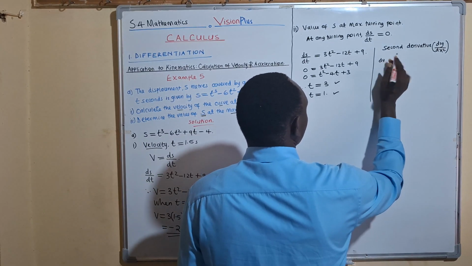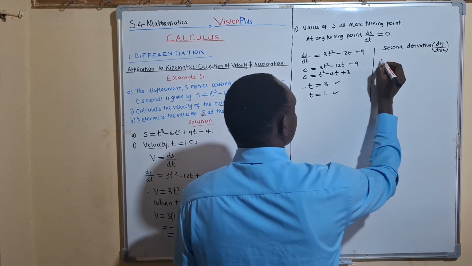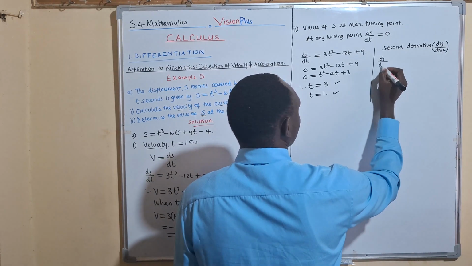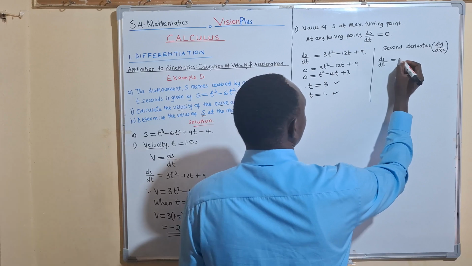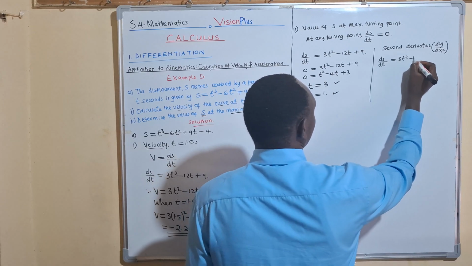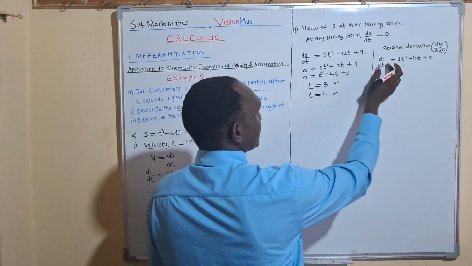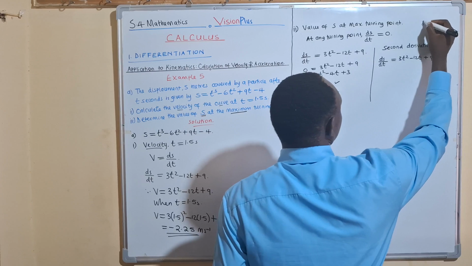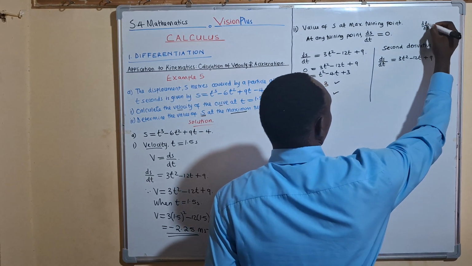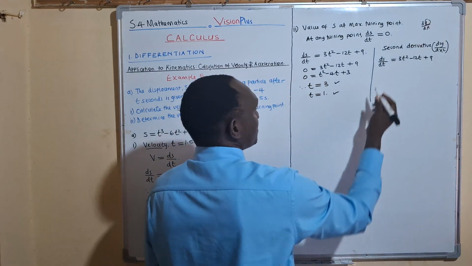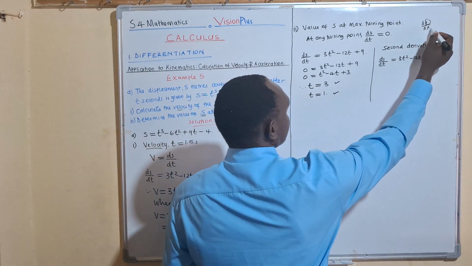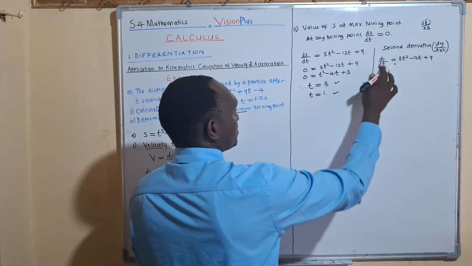The function is given by ds/dt equals 3t squared minus 12t plus 9. This is the same as dy/dx, where y is the function, which in this case is s, and x is the variable, which is t in this case.